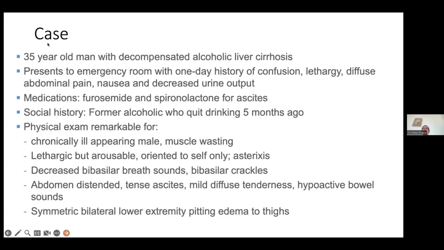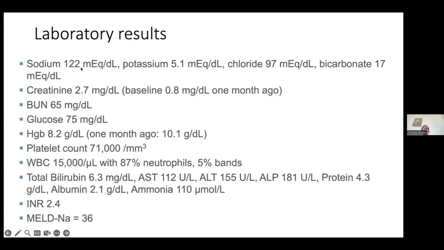Now you check the blood work. The sodium is low, it's 122, potassium is 5.1, chloride is 97, bicarb is 17, creatinine is 2.7 milligrams per deciliter. Sorry, I didn't include how many micromoles per liter that is, but it's basically 3 to 4 times above normal. BUN is 65, so that's pretty high.